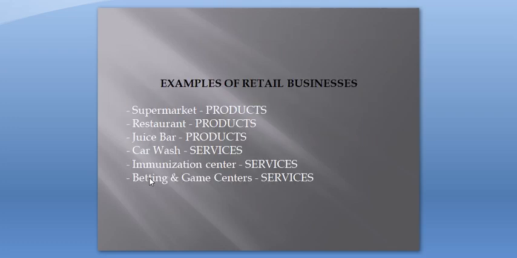So example of retail business, we can say a supermarket. A supermarket usually sells products. Restaurants are also example of retail business. They sell products. Even juice bars, they sell products. An example of retail business that sell services are car wash, immunization centers, and betting and game centers.